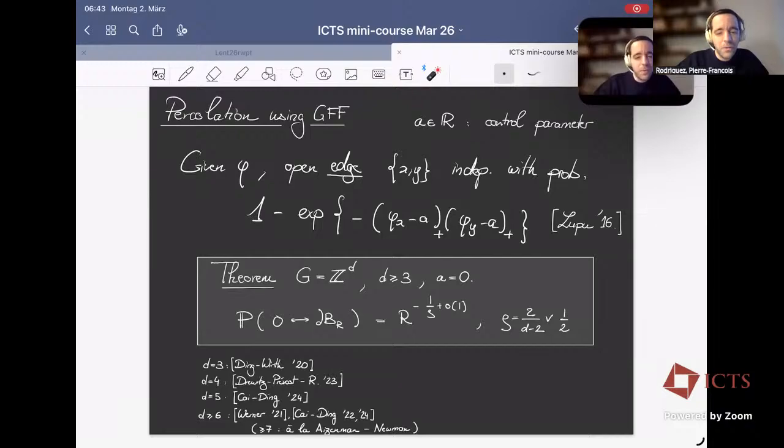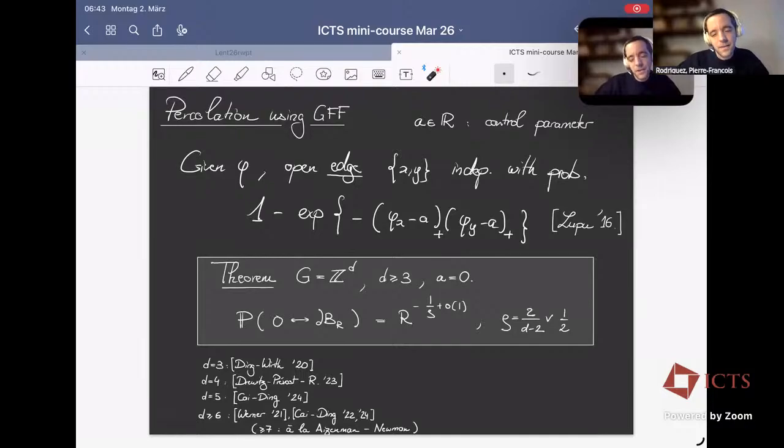So the lower bound was without the little o of 1, and the upper bound, the little o of 1 was, I guess, maybe log log R over log R or something like that. Then in dimension 4, it was proved by Drewitz, Prévost, and myself, and in dimension 5 by Ding. So these are more recent works.